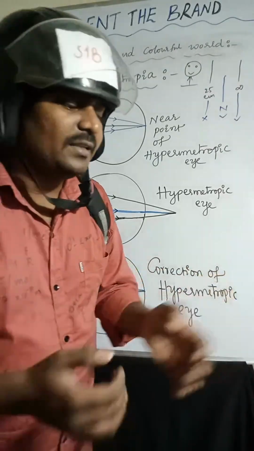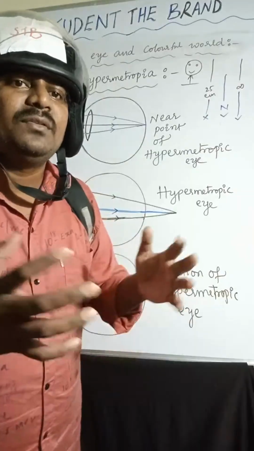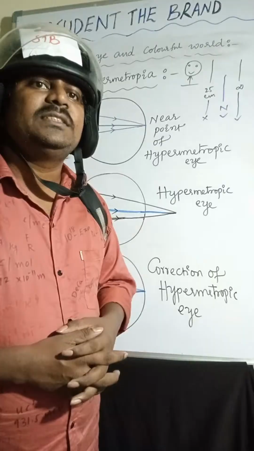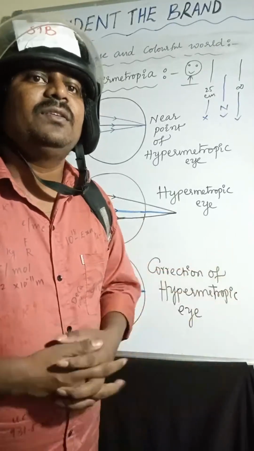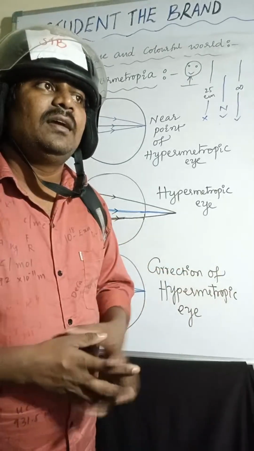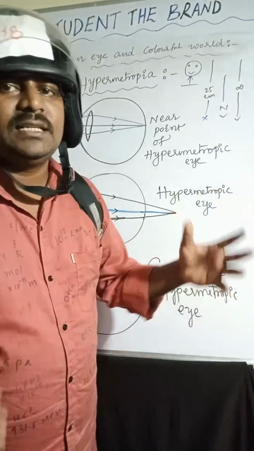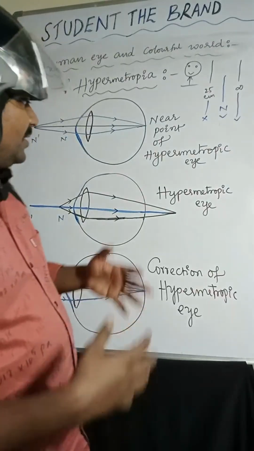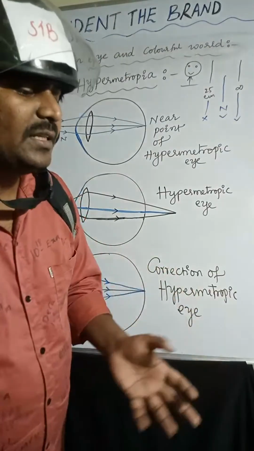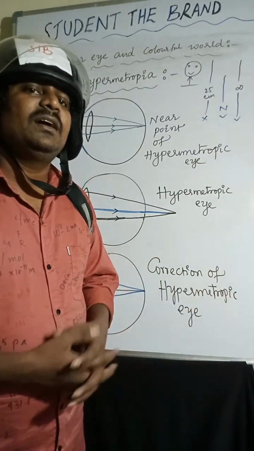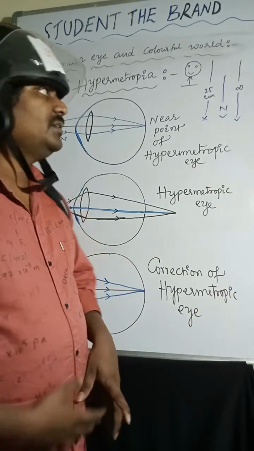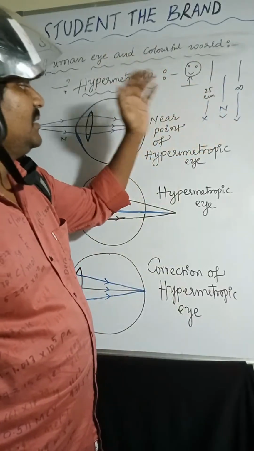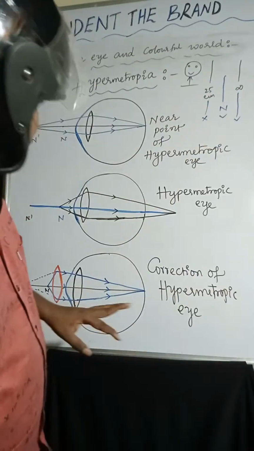Hypermetropia. For that correction, we are using convex lens. So we can see far distance, we can't see near distance. For the correction, we are using convex lens.